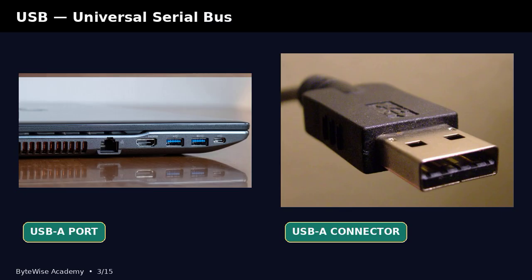The familiar rectangular connector is called the USB Type A. There are also other USB connector types such as USB Type B and micro USB. USB can carry data and it can also provide power to connected devices. So whenever you see a USB port, think of data, devices and power.